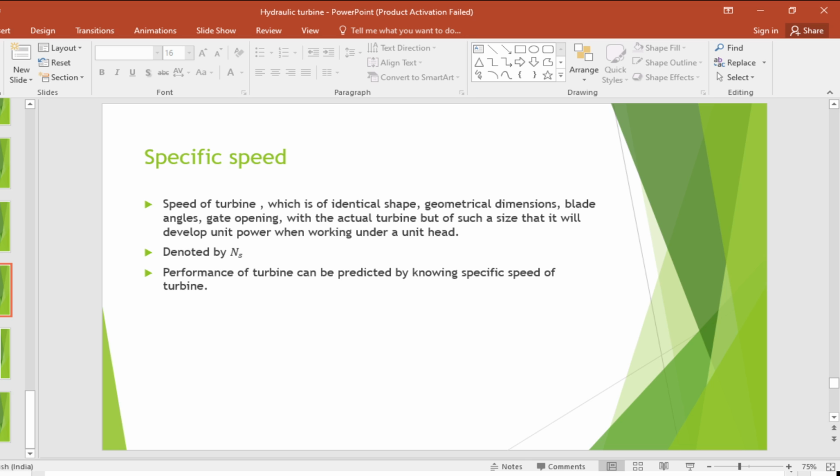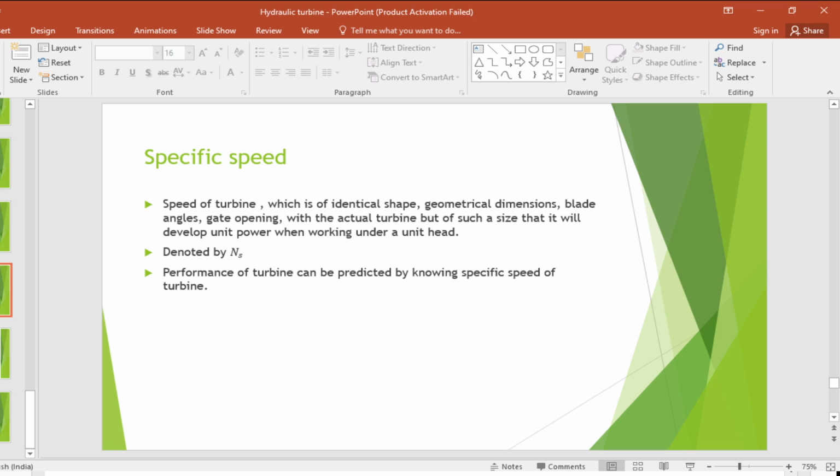Okay, now this specific speed is denoted by the symbol ns.